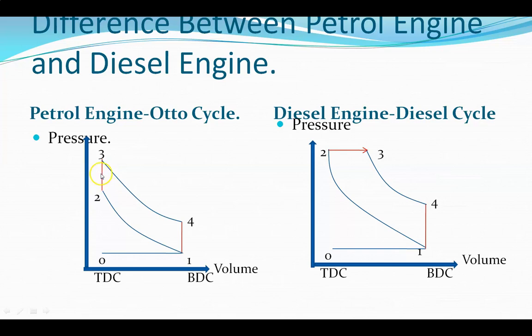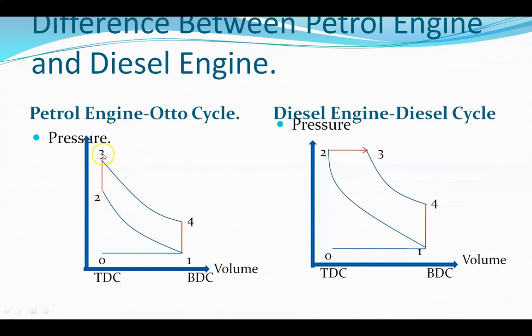And this heat addition occurs at constant volume. We call it an isochoric process, constant volume, and we call this process 1 to 2 isentropic process. There is no transfer of heat or mass of the substance in or across the system.